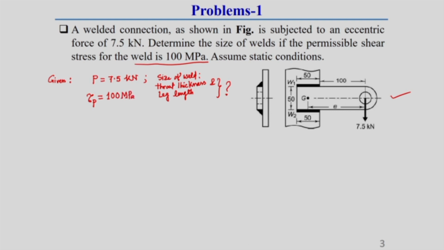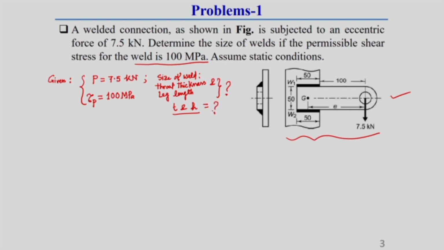Based on these two parameters and from this figure, the joint geometry or the length of the weld, we have to find out the throat thickness, that is t, and the leg length h. These two things we have to find out.